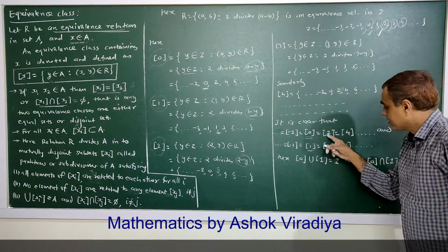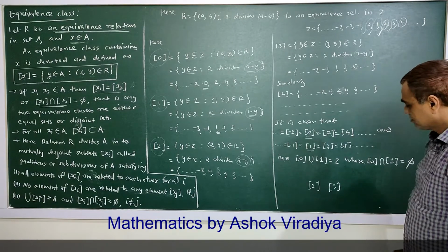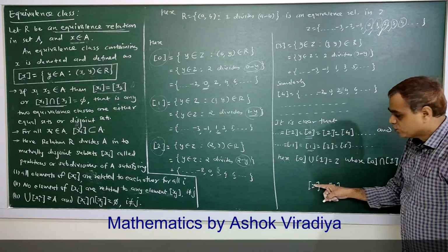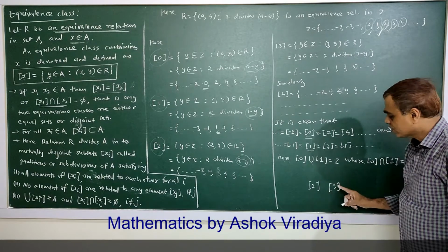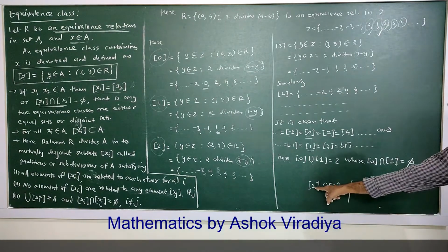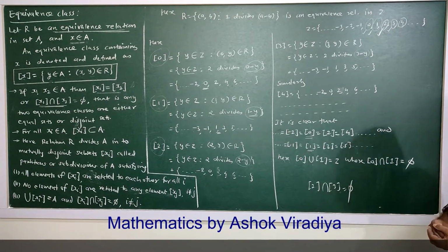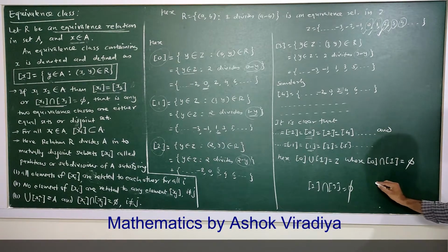See, the intersection here, if you take 2 and 3, the equivalence class containing any even number and the equivalence class containing any odd number, the intersection is empty. This set contains all even numbers, this set contains all odd numbers, nothing is common, they are disjoint. And the equivalence class containing 2 and the equivalence class containing 16 will be equal. The equivalence class containing 3 and the equivalence class containing 35 are equal.